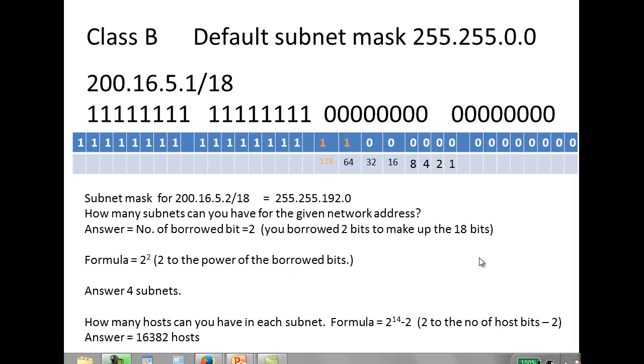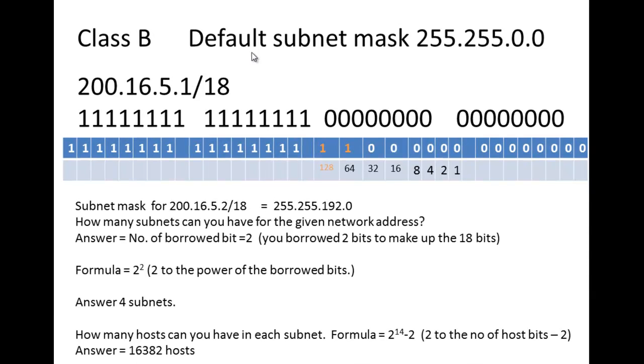Let us look at another example. In this example, we're looking at a Class B network where the default subnet mask is 255.255.0.0. The first 2 octets being the network part and the last 2 octets being the host part.